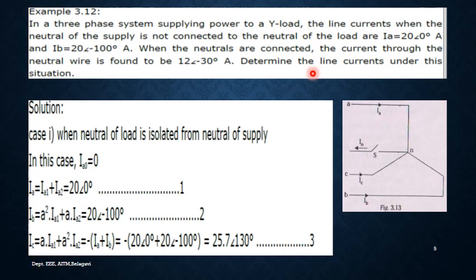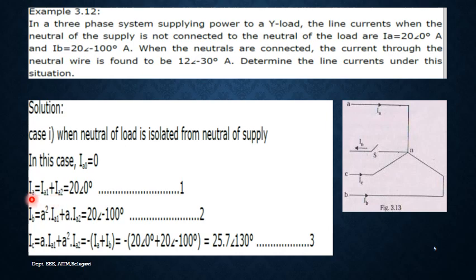Now let us consider the first condition, that is when the neutral is open. Case 1, when the neutral is open, which means it is a 3 wire system. For a 3 wire system, as we derived previously, the zero sequence component is equal to 0. So we are going to assume the zero sequence component is equal to 0, and for each line we need to find the respective current in terms of the sequence components.